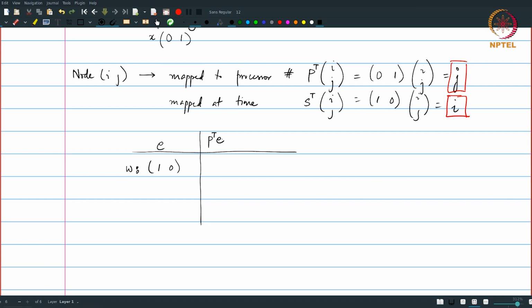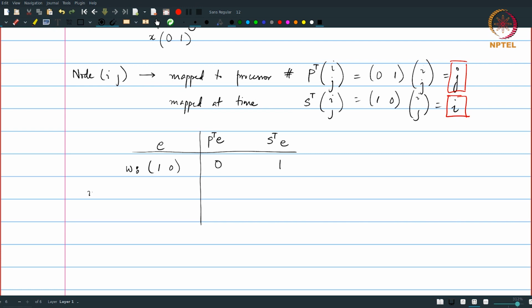The P transpose e that it corresponds to essentially is P transpose, 0, 1 into 1, 0, which gives us the value 0. And the S transpose e is, in this case, S transpose being 1, 0 and W also being 1, 0, the dot product between the two becomes 1.